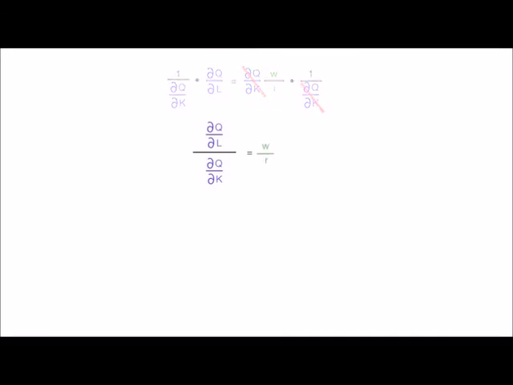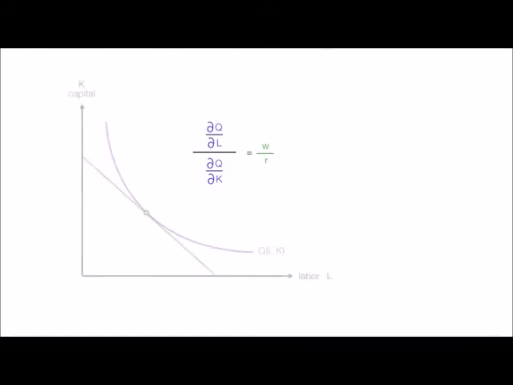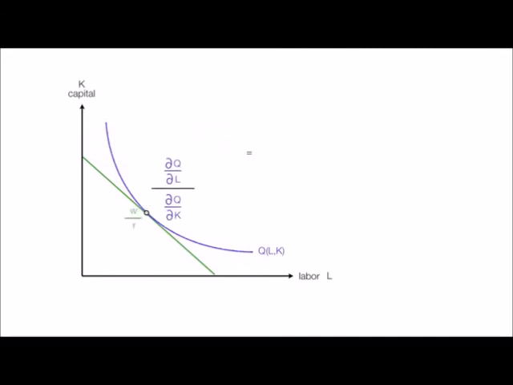Now if I go all the way back to the beginning and draw in my graph, it's that gray dot right there where those two are equal. So the green line is tangent to the blue line, or the cost line is tangent to the isoquant line, and that would be it.